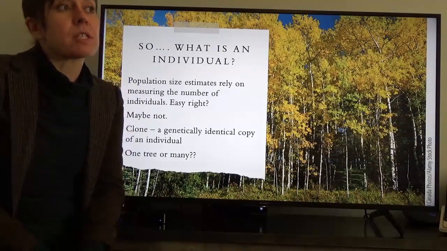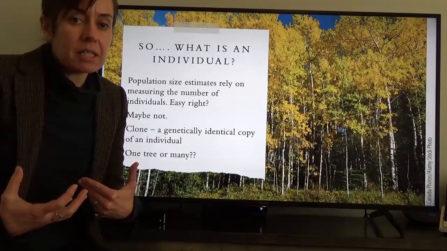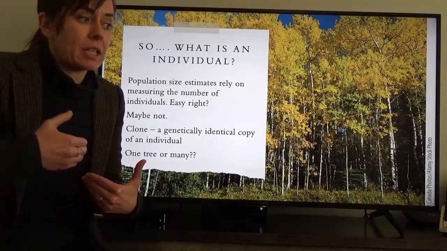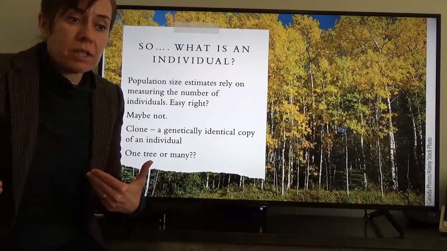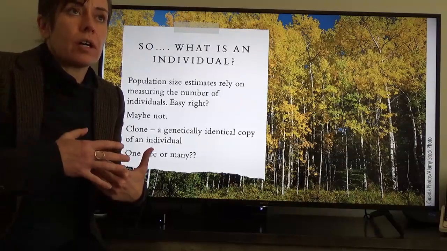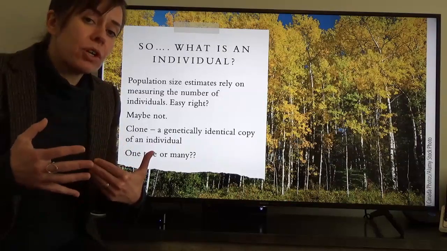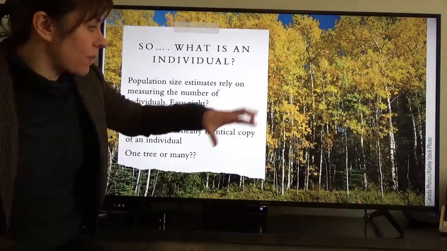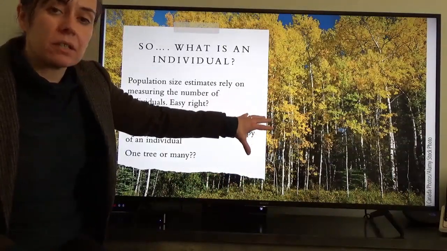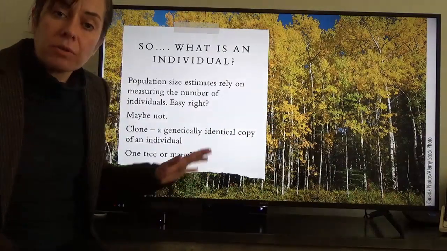But if you're interested in other aspects of population dynamics, different aspects of the reproductive biology or different genetic components, evolutionary components within populations, then you might very well consider this to be a single individual because all of those stems are clones.